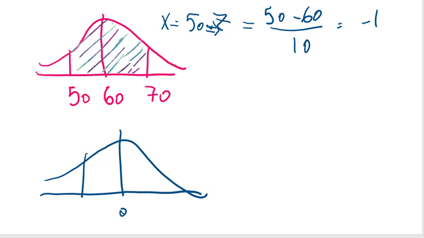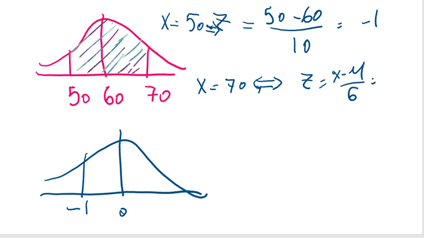So I want the probability of Z between -1 and, for 70, X is equal to 70. So the Z score would be X minus mu over sigma, which is 70 minus 60 divided by 10. So the probability of X less than 70 would be the probability of Z less than 1.